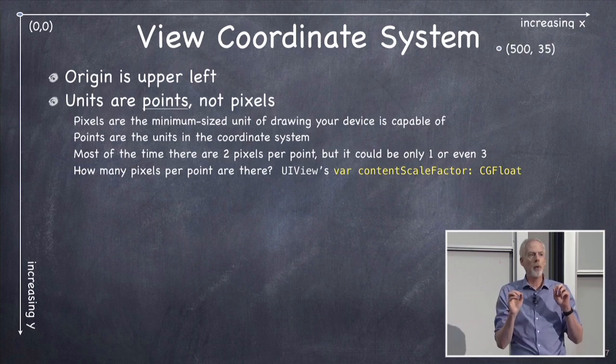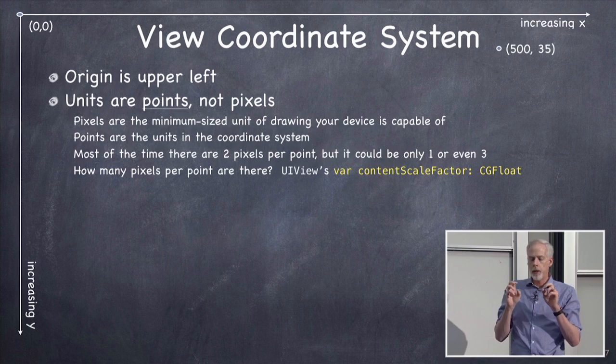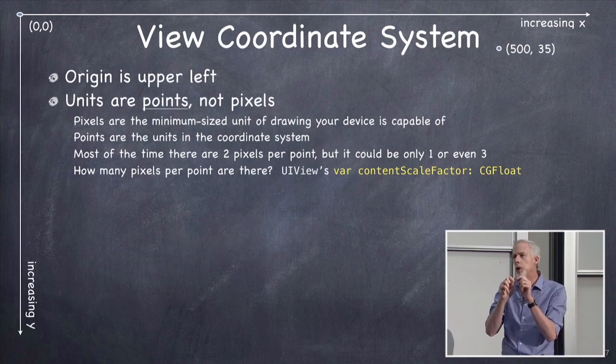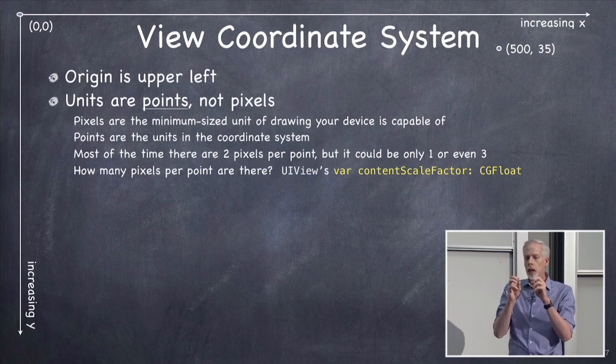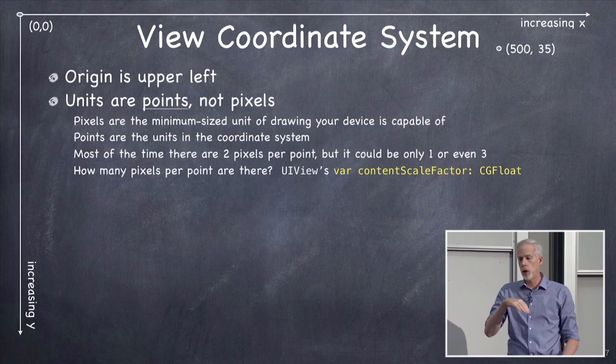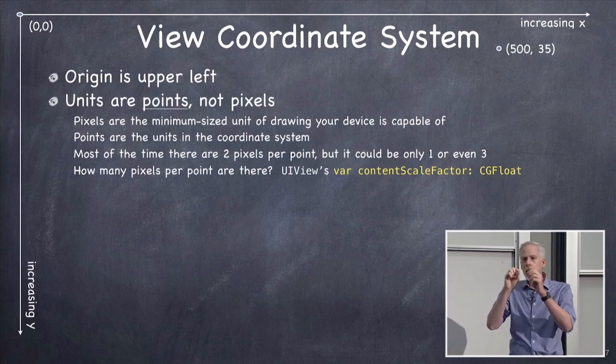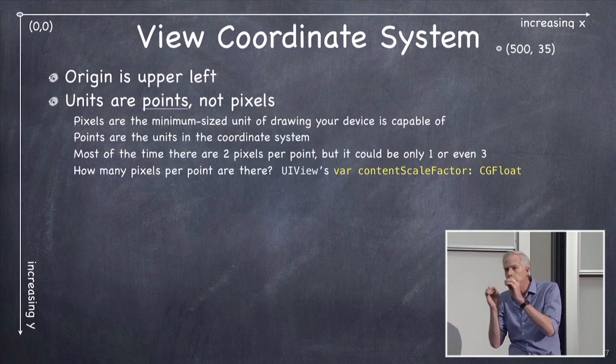Now, the units in here that we're drawing are points. Okay? Be very careful that you understand the unit terminology here. It's in points, not pixels. A pixel is like the smallest possible little light that can be turned on your screen. Now, some devices have a lot of pixels per point. They're very dense, and that's really great, because if you're drawing smooth curves, like fonts are just smooth curves being drawn, you don't get jaggy edges because there's so many tiny little pixels.